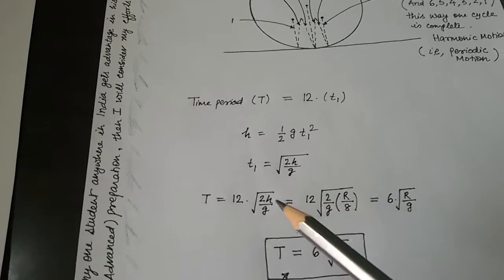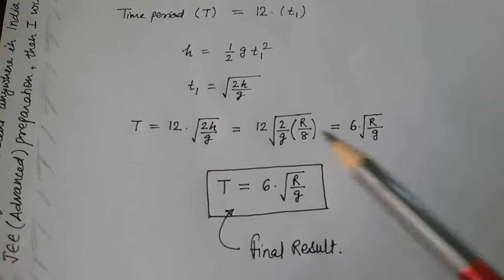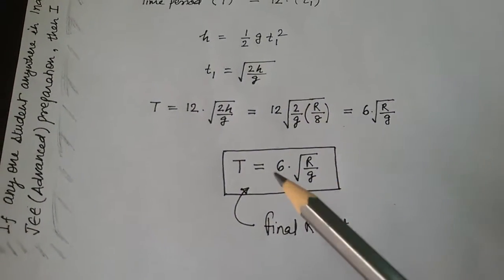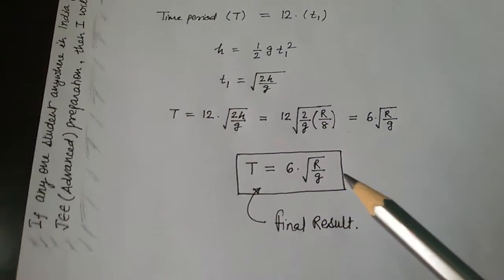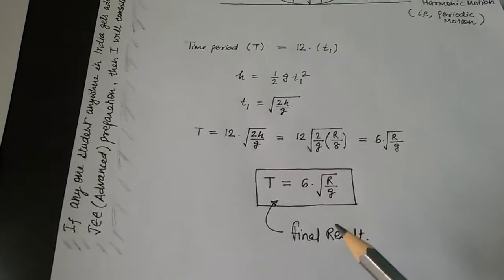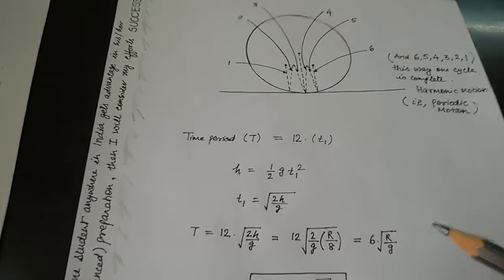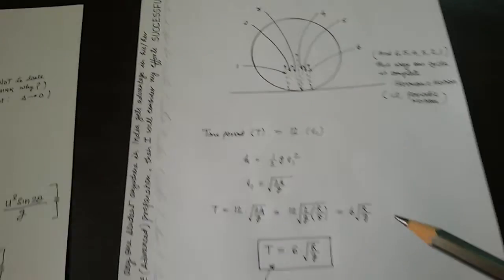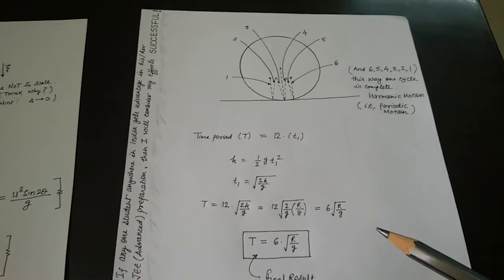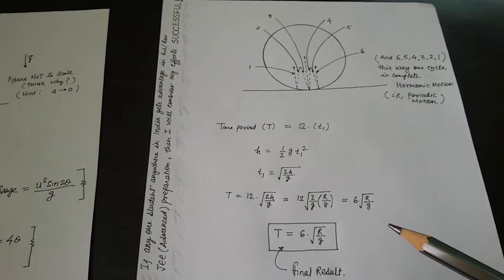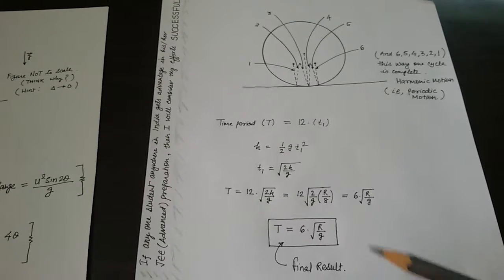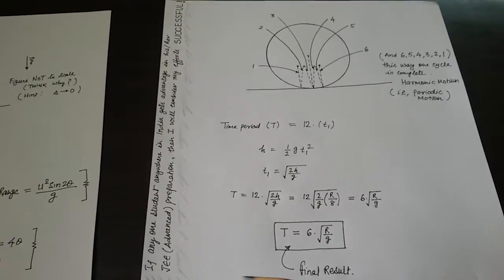So 12 times this, placing h equal to r by 8, which we have found in previous part, we are getting 6 times under root r by g. This is the time period. You have got total concept very, very clear. Right?